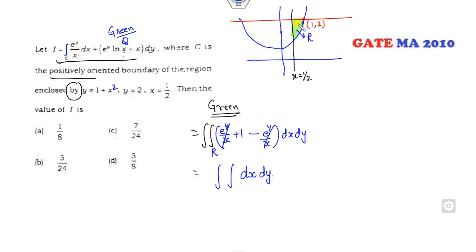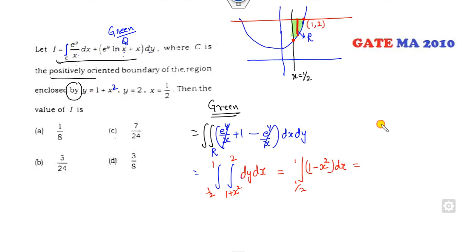So how can you double integrate dx dy? It's very simple. You can take the limits. I can take the strip on y firstly. So I can take dy dx. The value of y on this side is 1 plus x square, and on this side it is my 2, and the minimum and maximum values of x are half to 1. So it's the integral from half to 1 of 1 minus x square. Fine.